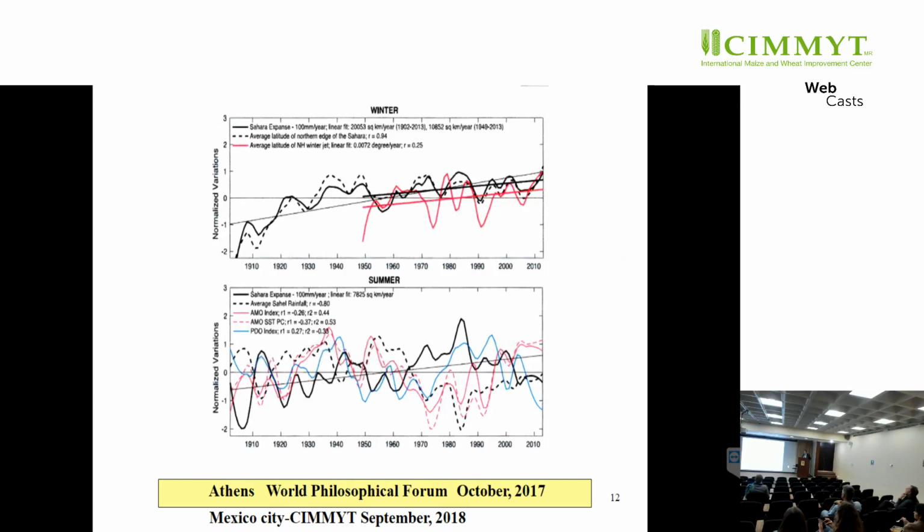This is a picture from a new publication from this year, published in May 2018, by a group of colleagues at the University of Maryland.